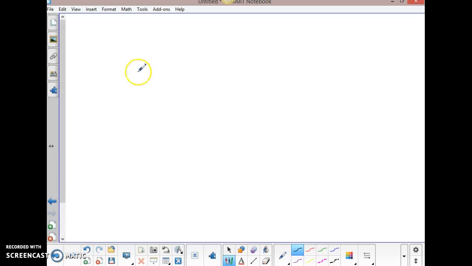Let's try to do another example. If we have 5x minus 7 equals 3x plus 1. Again, we have x showing up on both sides of the equation.